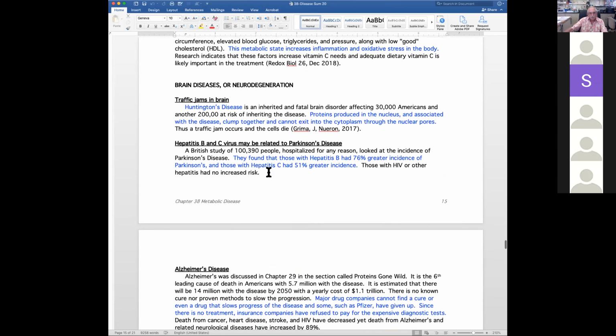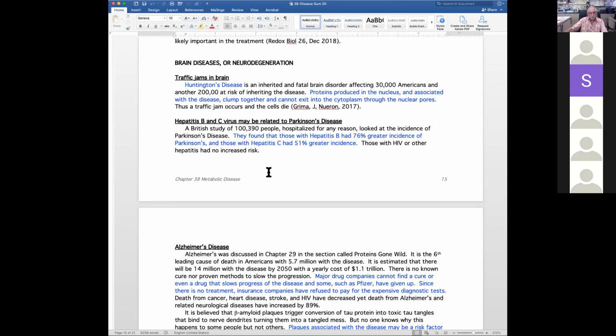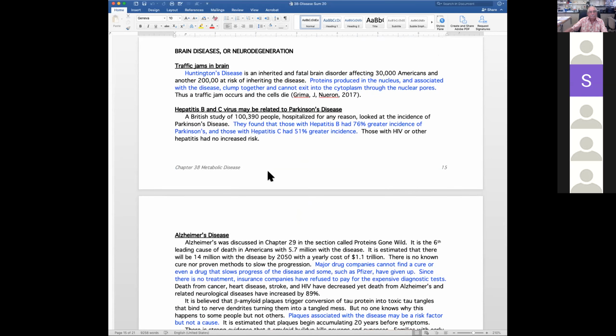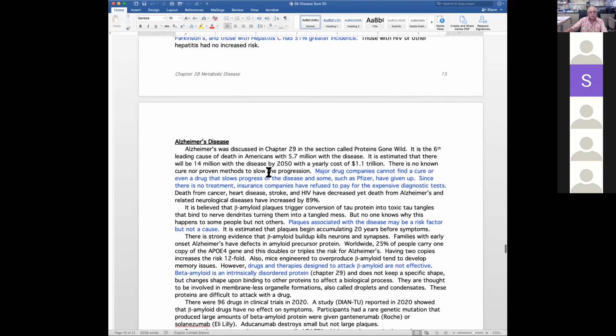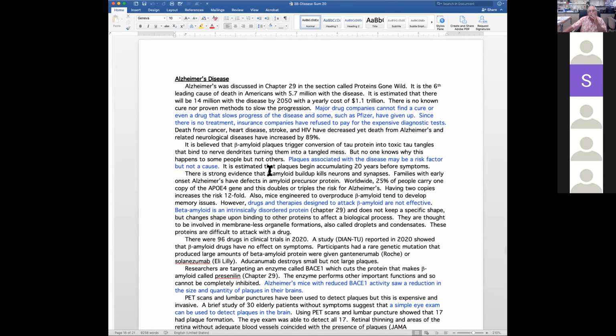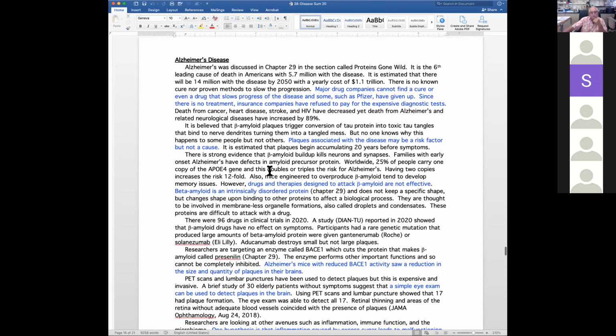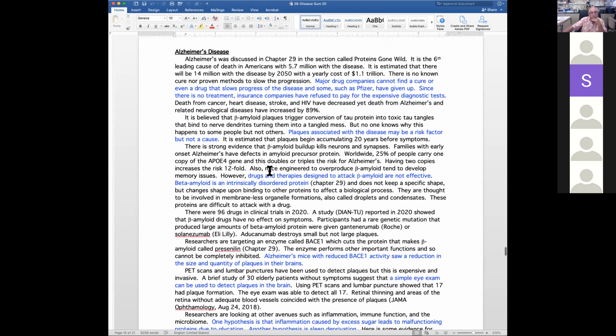Let's see. Then we talked about brain diseases. So Alzheimer's, we spent a lot of time on that, especially about the drugs, because we don't have a cure for Alzheimer's. I'm not sure we have anything that can even slow down the progression of Alzheimer's.